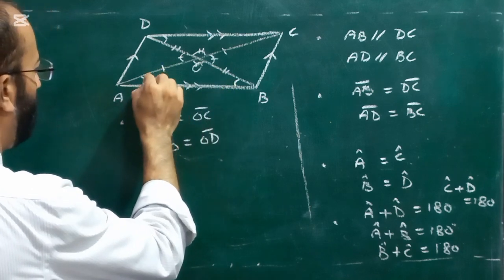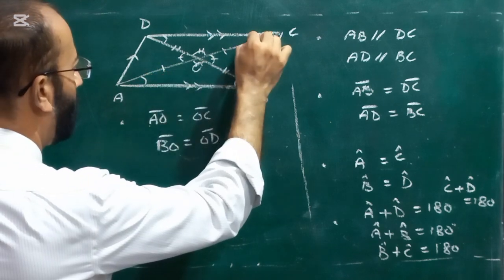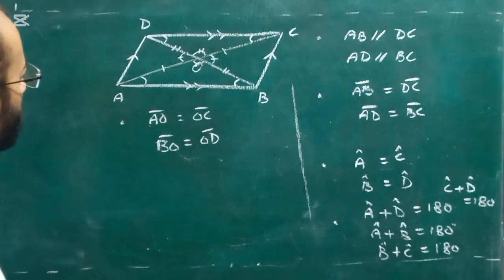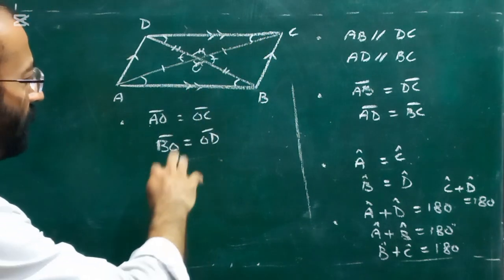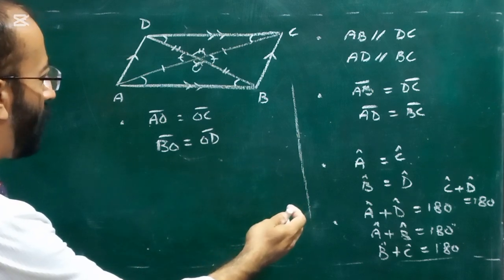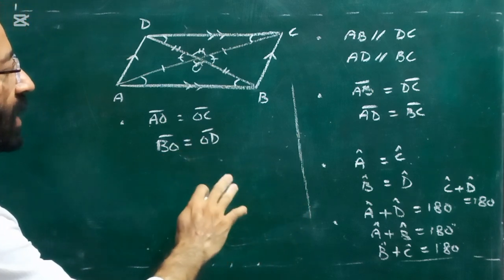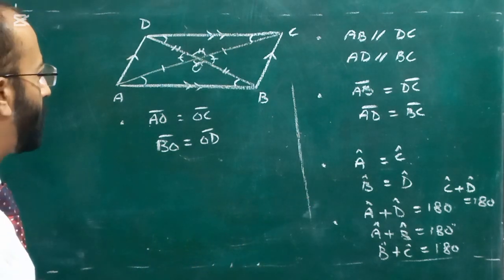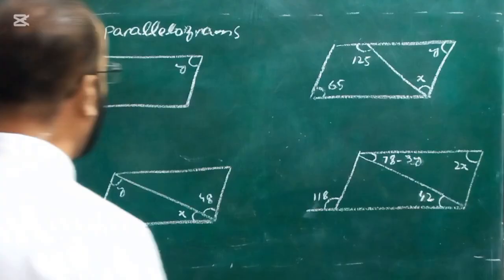Likewise, this angle will be equal to this angle, again because of the alternate angles. So a lot more properties will be applied. So understand these properties, because these are very important while we solve the questions. So we are going to solve some questions now.